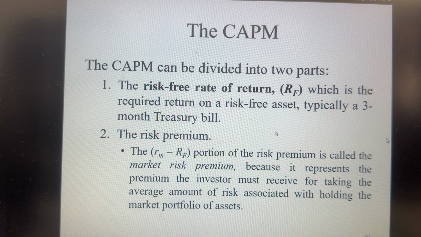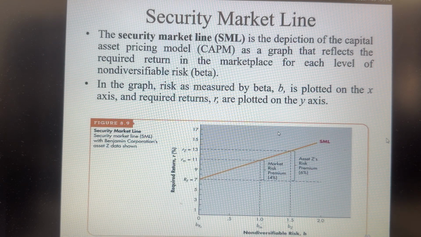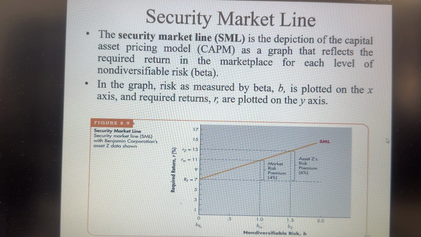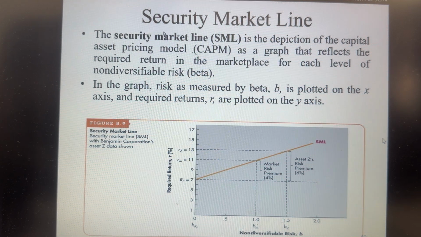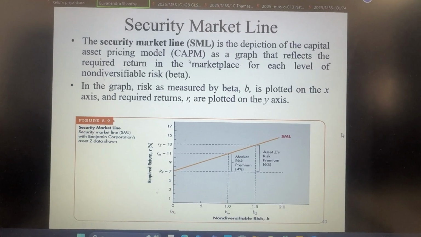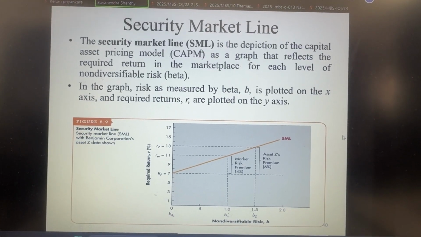Now we can see the relationship between beta and the required rate of return. That is called the security market line. Theoretically, we use the term security market line. It explains the relationship between beta, or systematic risk, and the expected returns. It means the higher the beta, the higher the expected return.